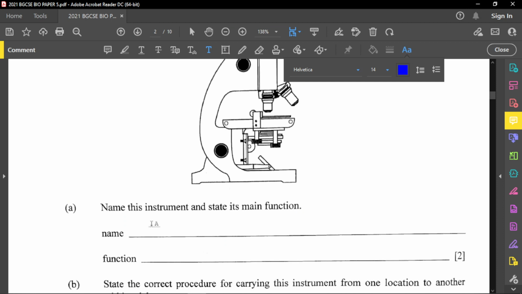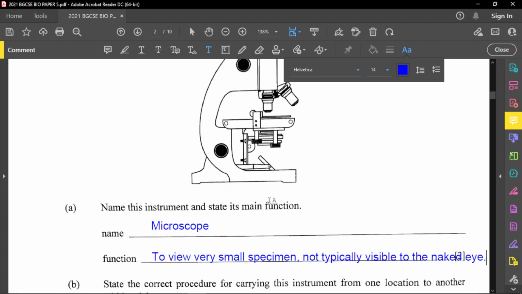So the name of this is a microscope. And the function of a microscope is to view slash observe very small specimen not typically visible to the naked eye.